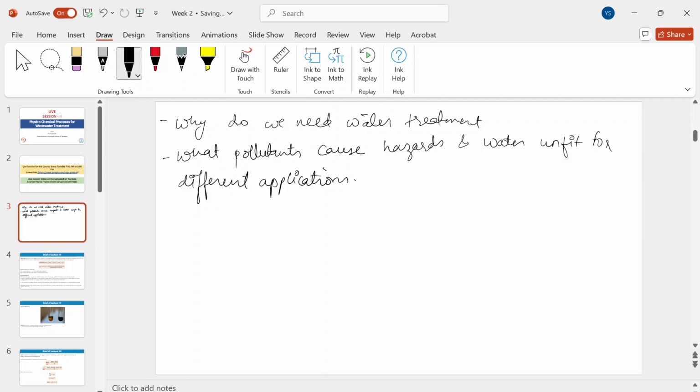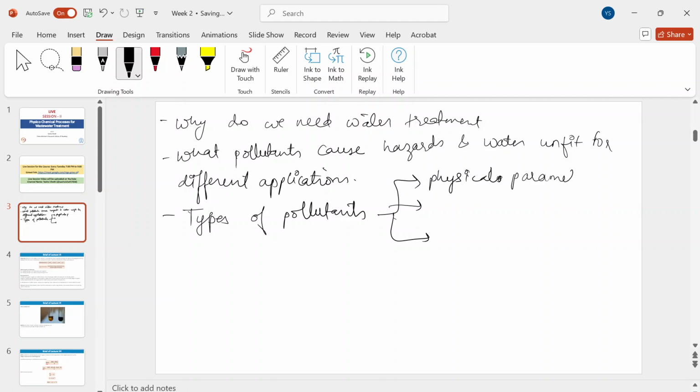Then we had discussed different types of pollutants and their classification. Basically, we started off with physical parameters of water that might cause a change in the properties of water and cause pollution.